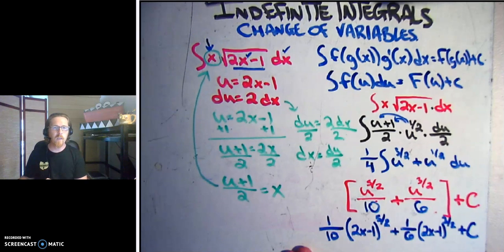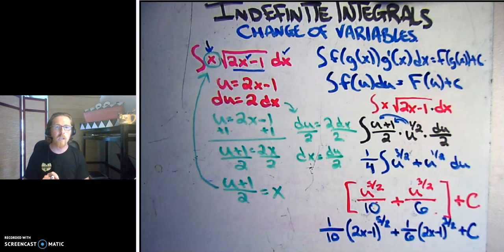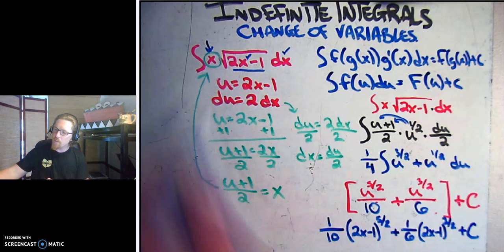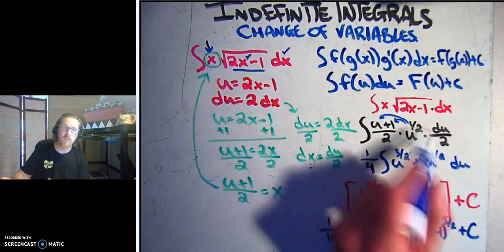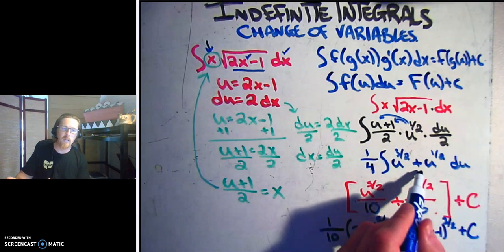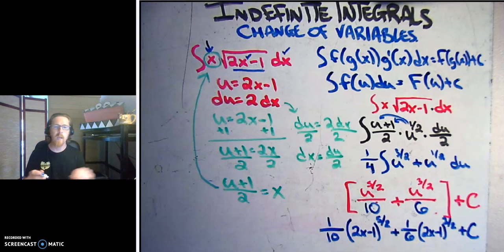And so that was indefinite integrals, a change of variables using our u substitution. Remember, we retook our problem and we rewrote it in terms of u to make our integral easier, and then we went back and substituted what u stood for.